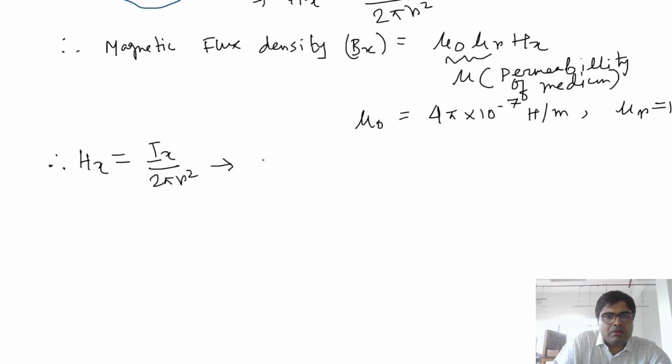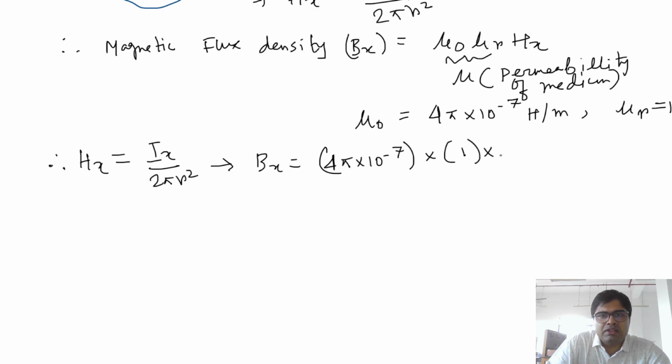So from there we have Bx, that will be mu naught. Mu naught is equal to 4 pi into 10 to the power minus 7. Mu r is equal to 1. So Hx value is I into x by 2 pi r square.